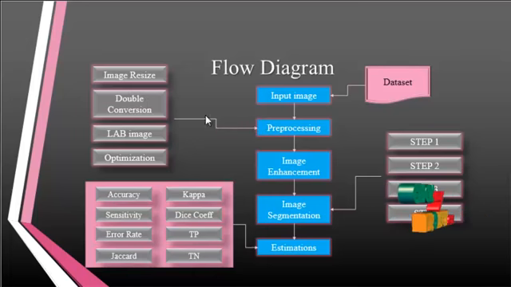Pre-processing consists of 4 stages. The first one is the image resize, which resizes the image into an aspect ratio. After the image resize, the double conversion is carried out, in which the data type of the image is converted into double. Then the lab image is created; this is known as the lab image conversion.